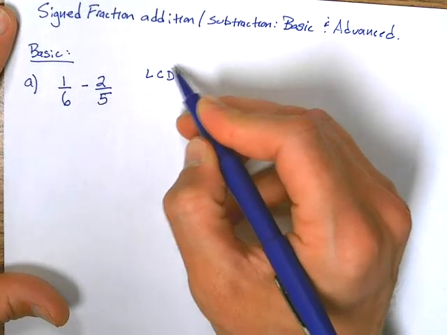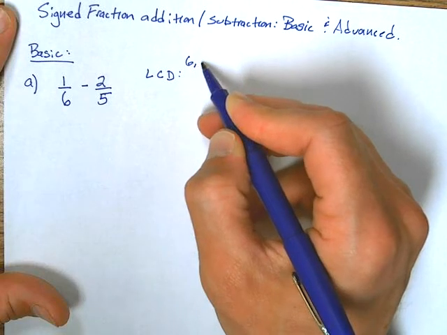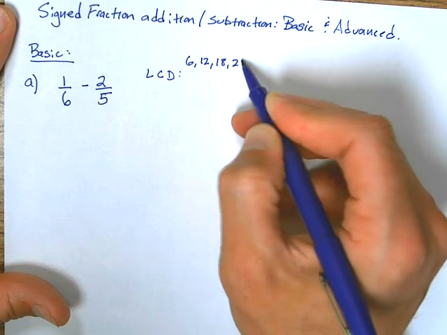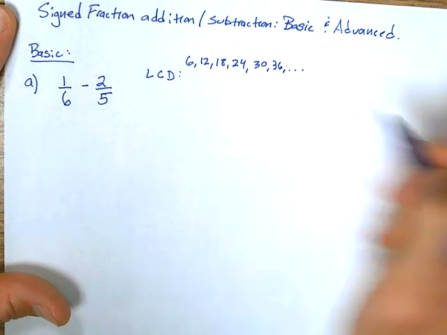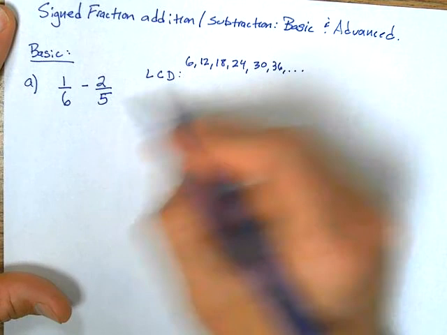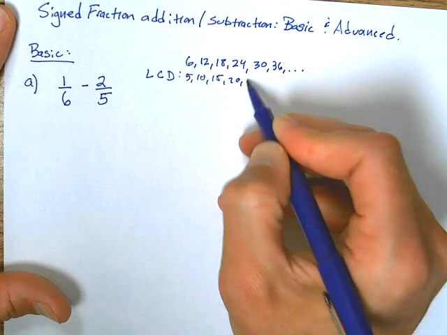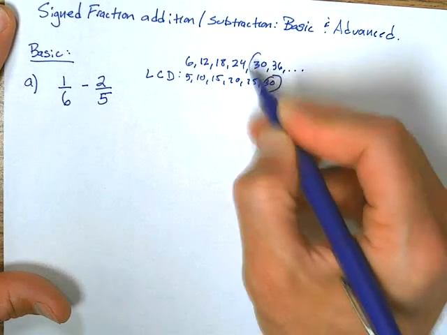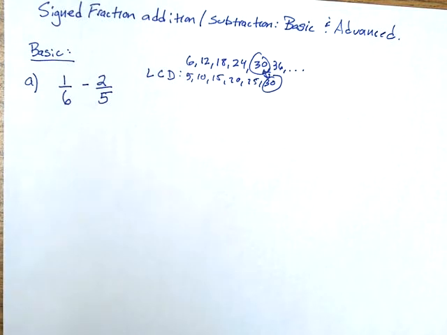If I look at the number 6 and list all the multiples, so 6, then 6 times 2 would be 12, 6 times 3 is 18, 24, 30, and 36, and that goes on and on. The multiples of 5 are 5, 10, 15, 20, 25, 30. And right there I can stop because I can see 30 is the lowest common multiple of those two numbers.